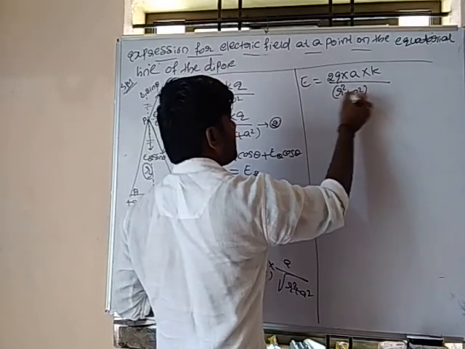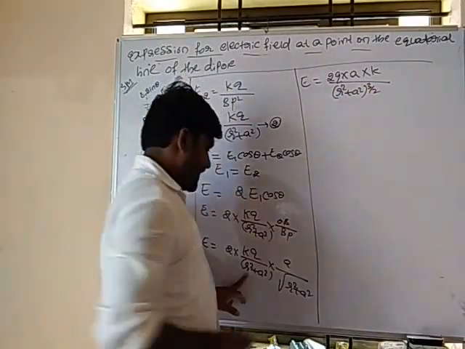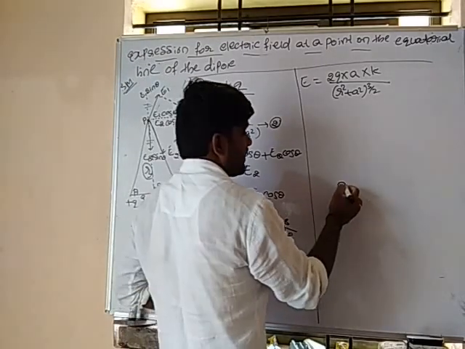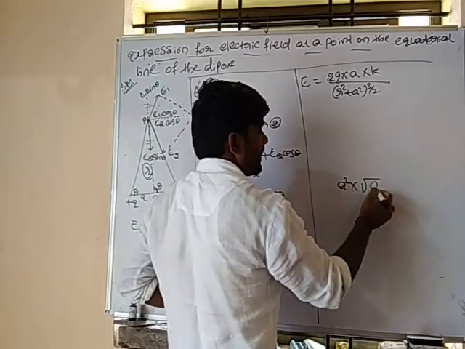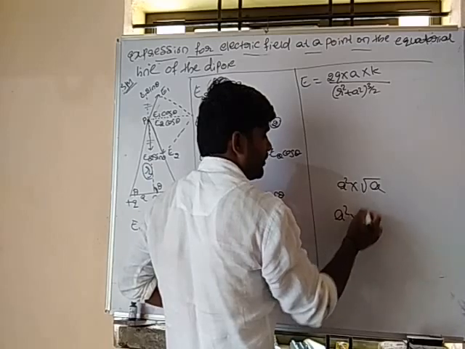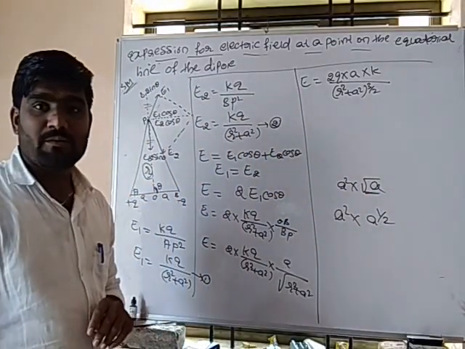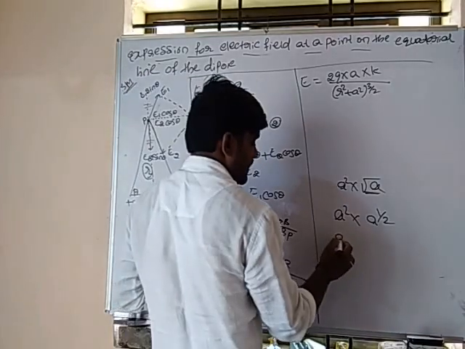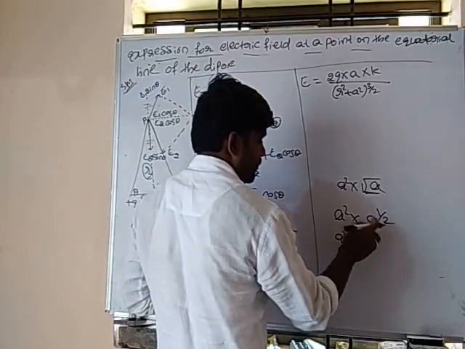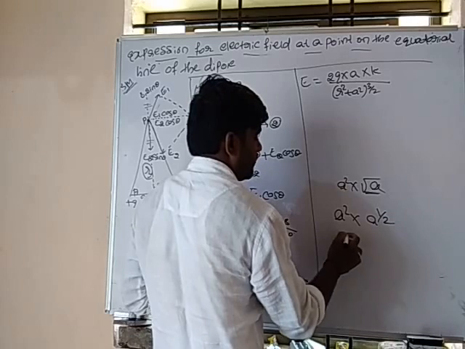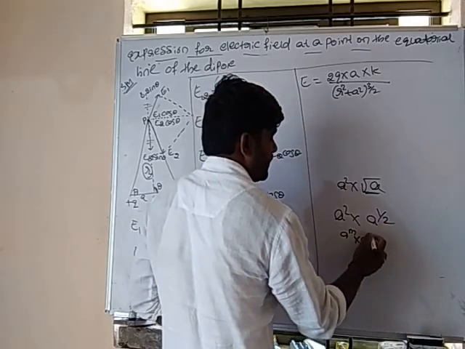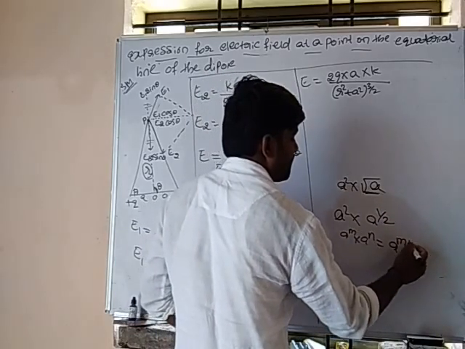plus A square to the power 3 by 2. I am writing it like this because, see here, A square into root A square can be written as, it will be 1 by 2. Okay, so a to the power m into a to the power n is a to the power m plus n.